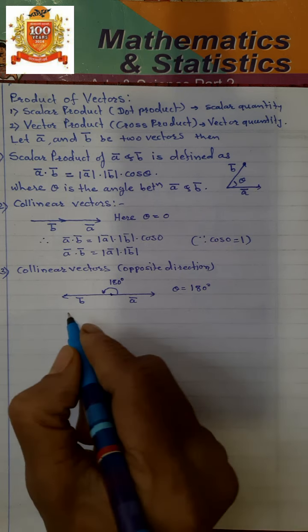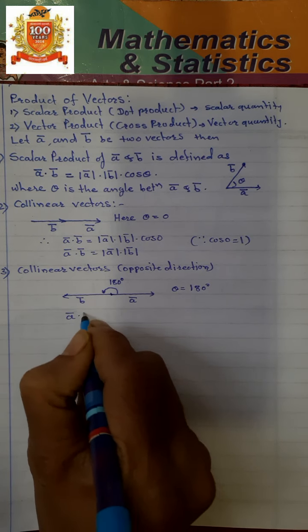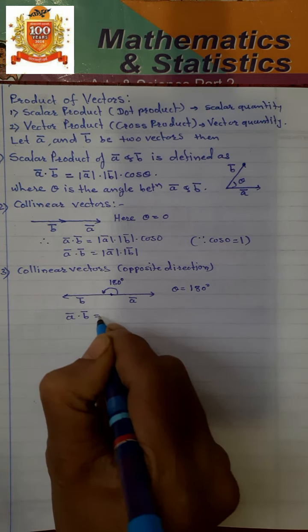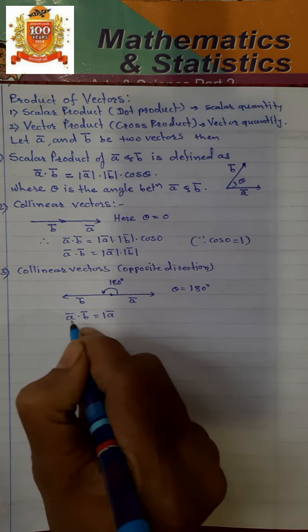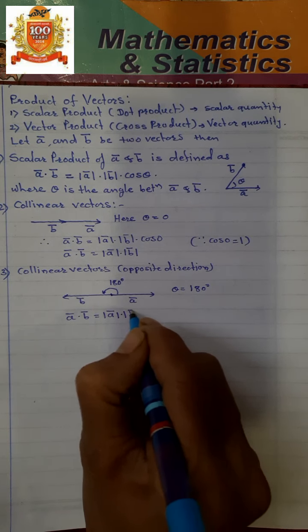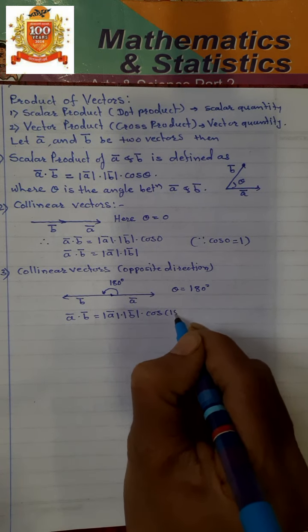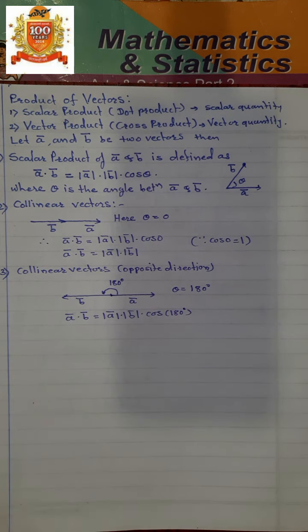Then we know A bar dot B bar is equal to mod of A bar into mod of B bar into cos of 180 degree.